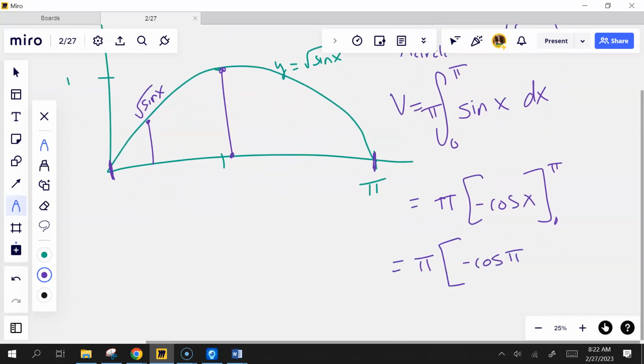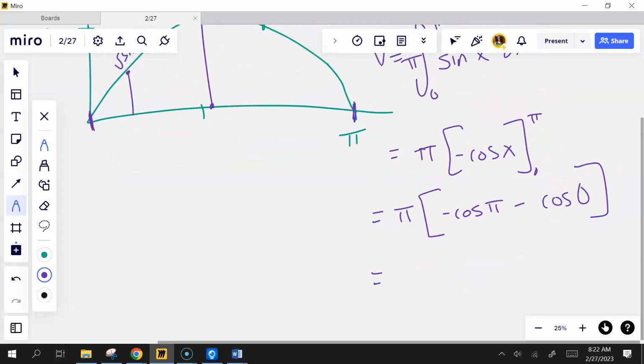What's the cosine of pi? And there's a negative in front, so this is actually going to be positive 1, right? And then the cosine of 0, 1. So I end up with 2 pi as the volume.